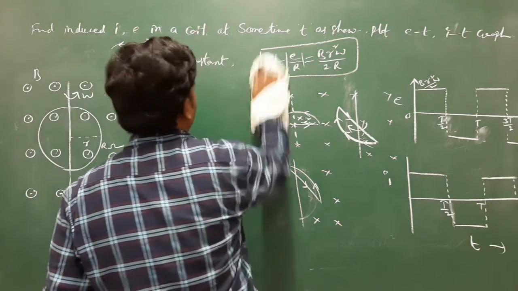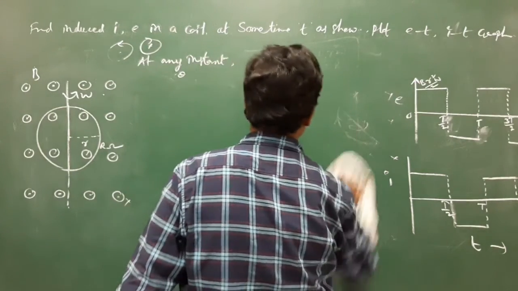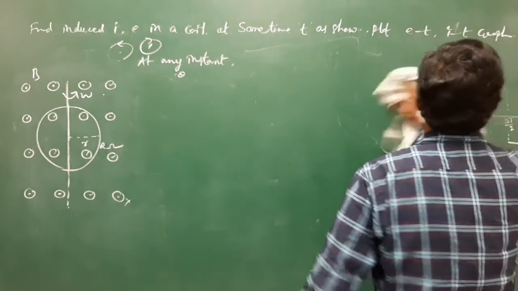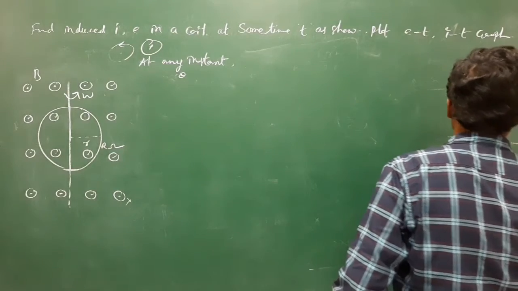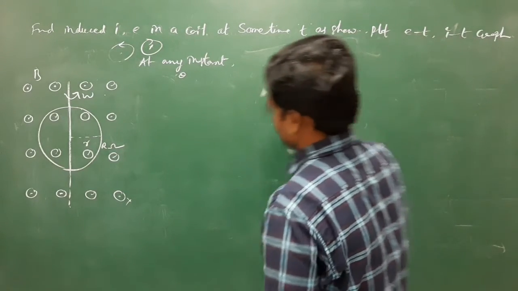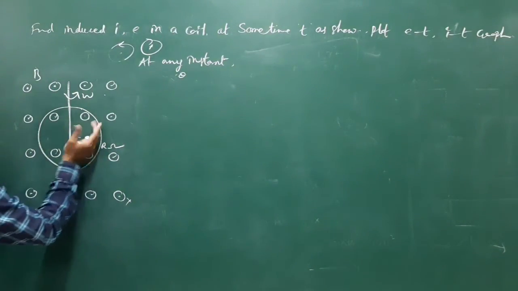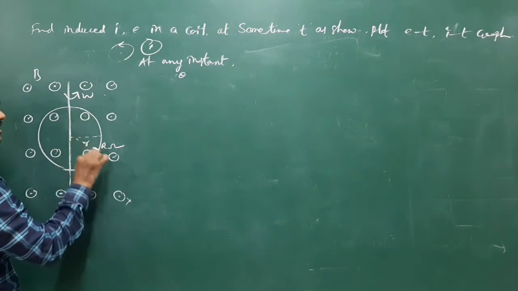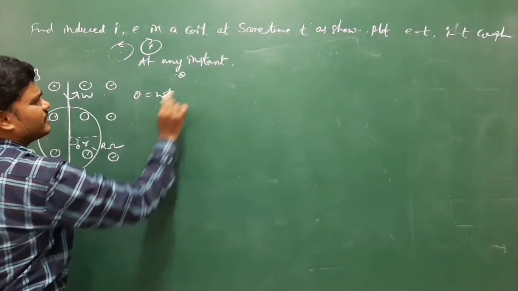So the coil rotates with an angular velocity omega. At any instant, the coil may turn through some angle. See, after some time, maybe this coil turns some angle. Let us consider it theta. Theta becomes omega t.